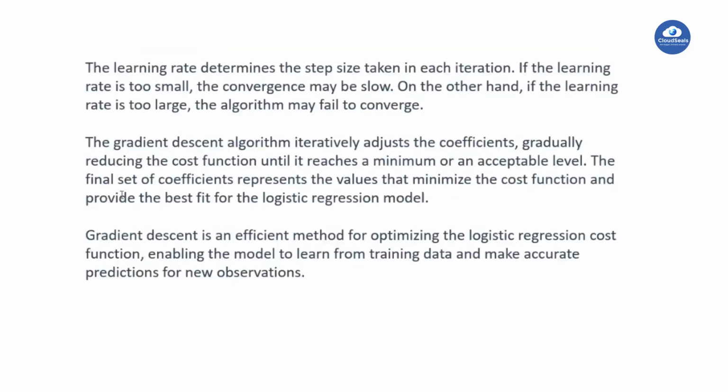They provide the best fit for the logistic regression model. So the logistic regression model takes these coefficients which give the very minimum cost function. It finalizes that these are the coefficients to predict whenever new input comes.